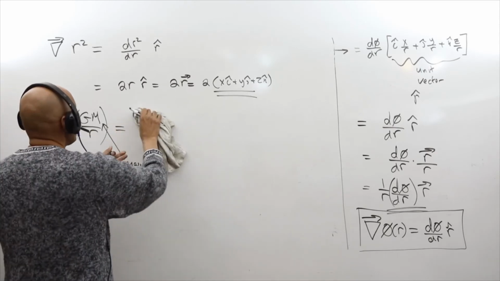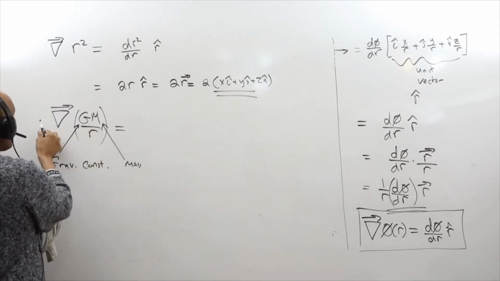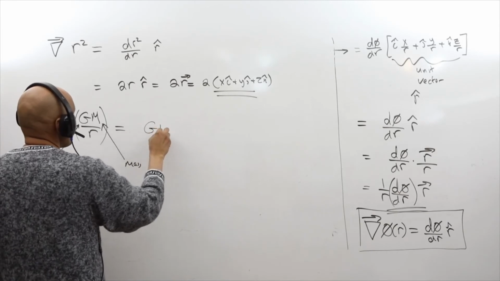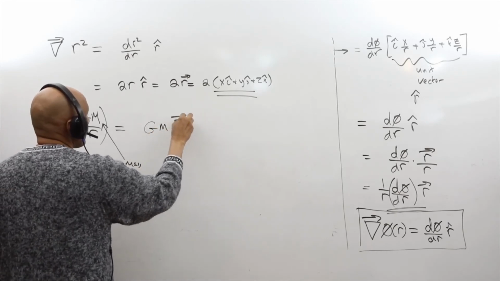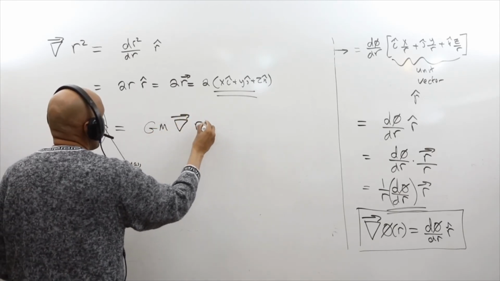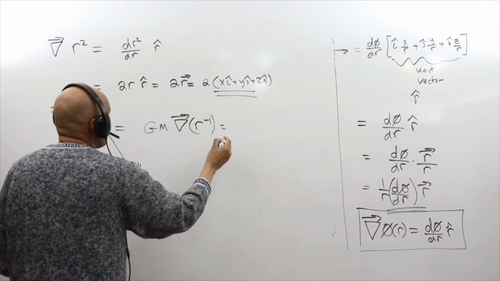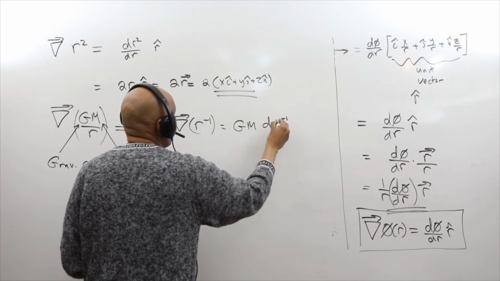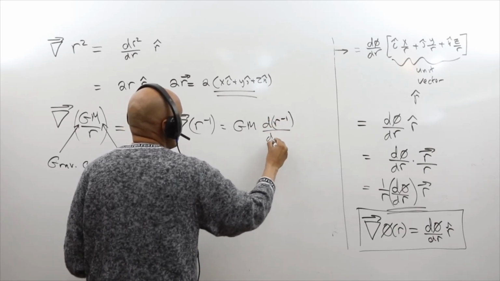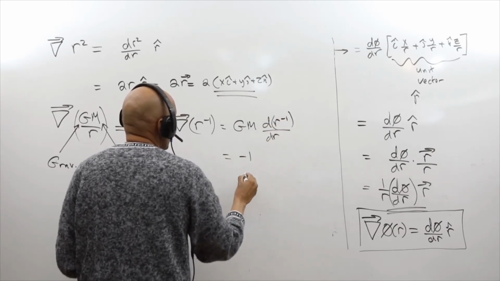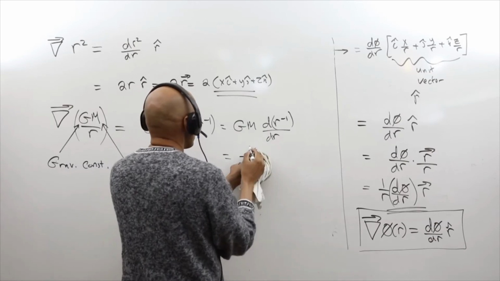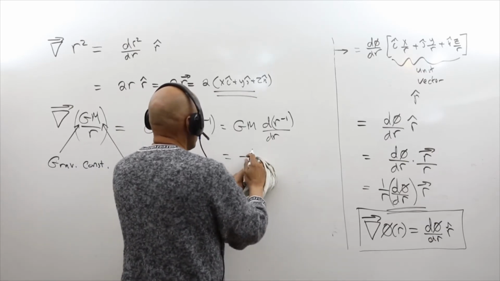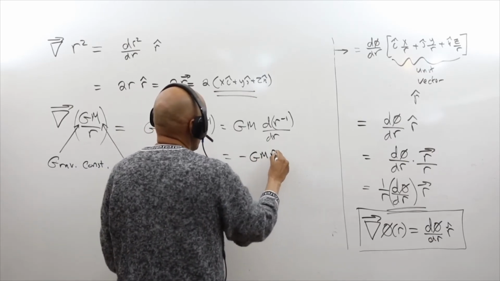the first thing you should do is, we know GM is a constant that will be pulled out. And I'm now calculating the gradient of r to the minus 1. That is equal to GM times the derivative of r to the minus 1 with respect to r. So we get minus GM r to the minus 2.